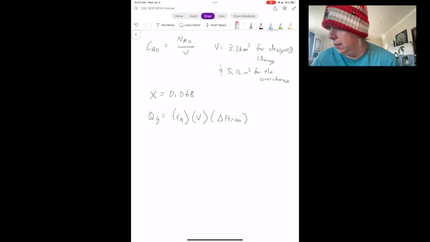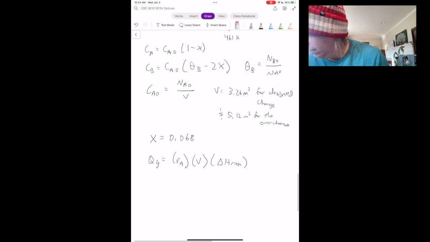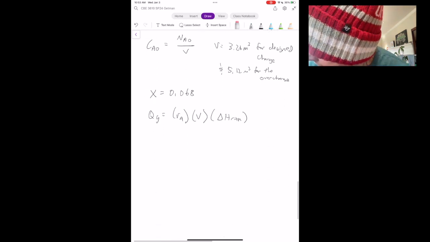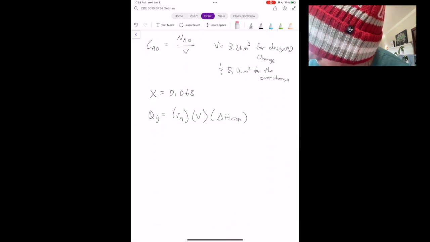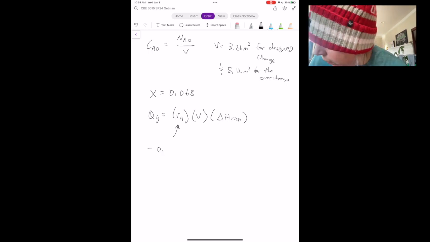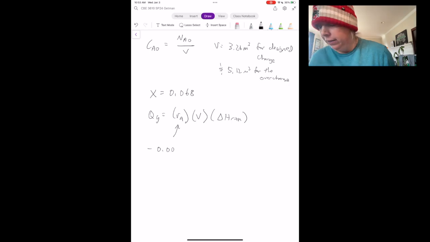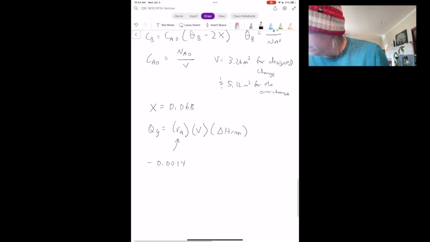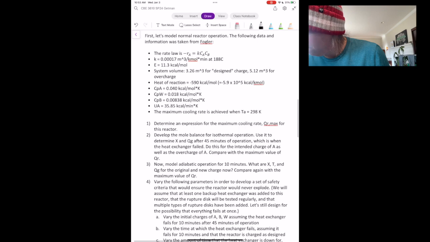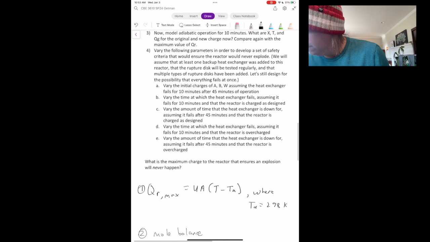If we insert all of our numbers into here, the value that I get for Ra is negative 0.0014. And I would have to go back and see what the units are on that. That's probably kilomoles per meter cubed.